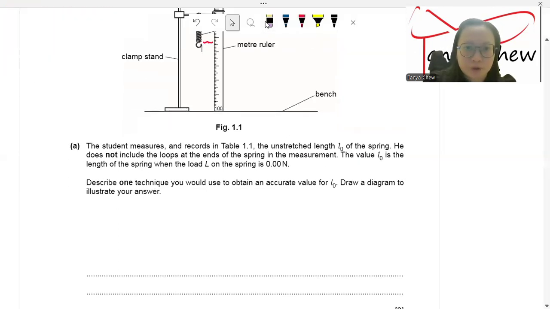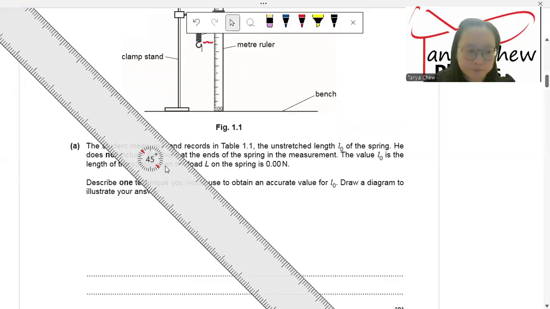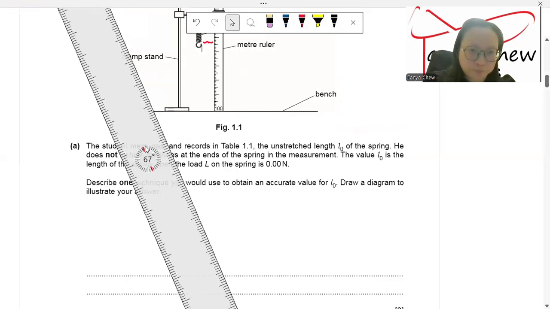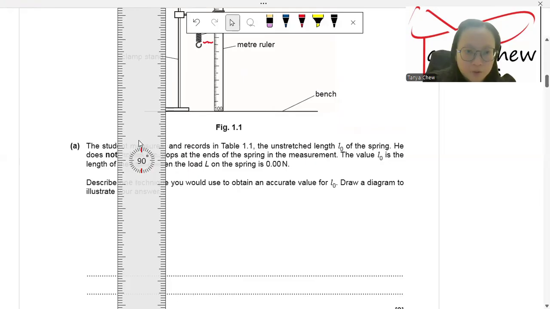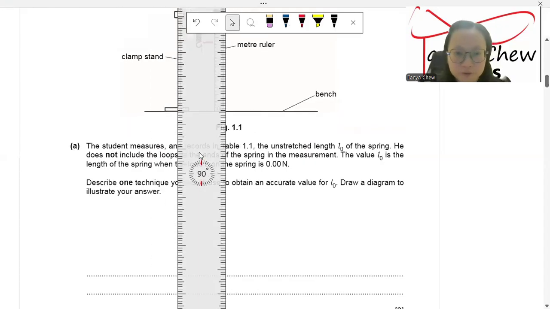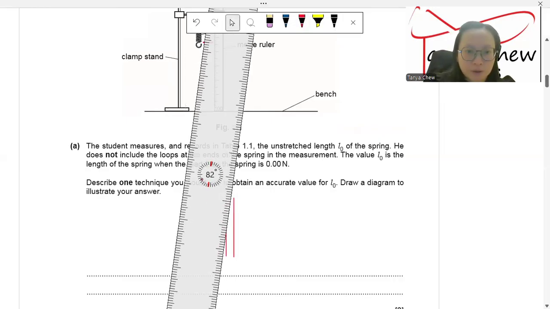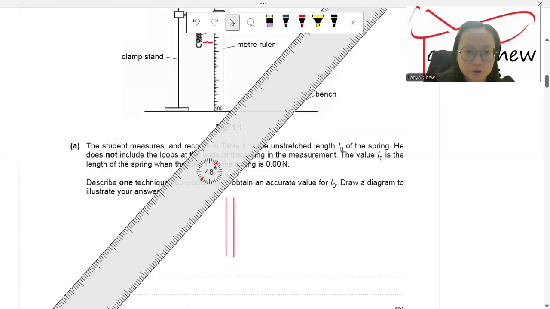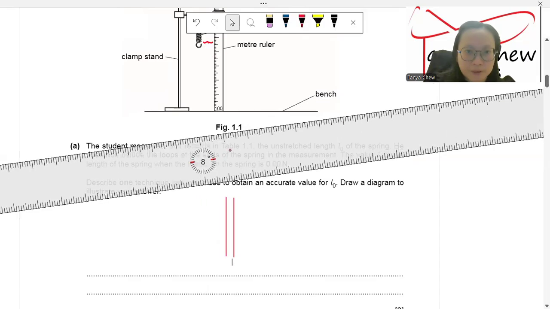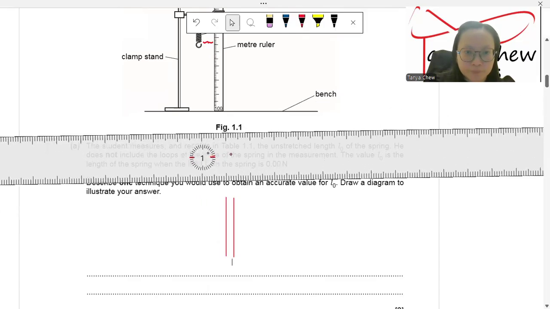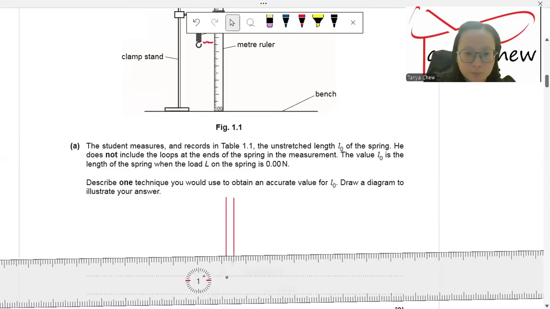I'm going to use a ruler. Let me draw. Since they asked us to draw, I will just draw it. This is my diagram. This is my meter rule. This is a bench. The meter rule is placed on the bench.